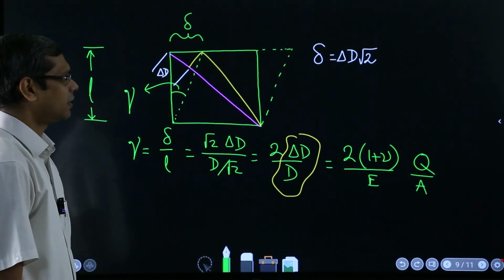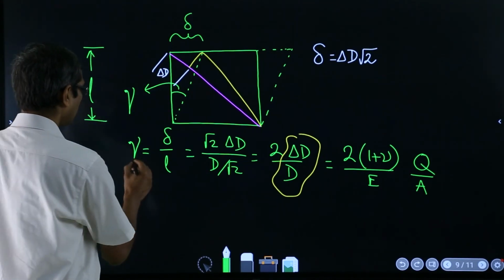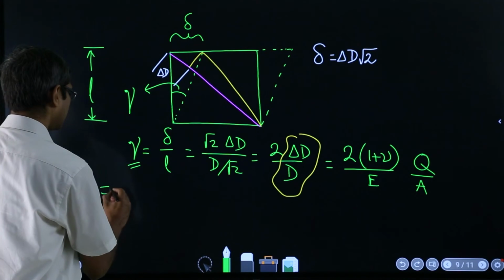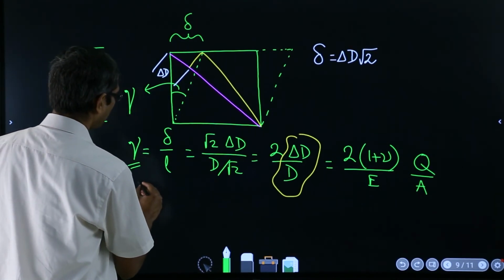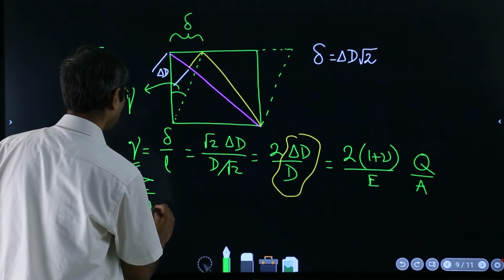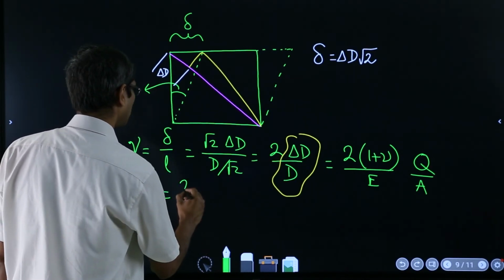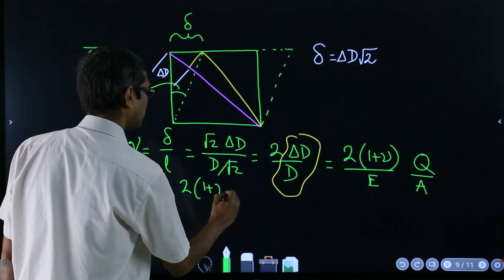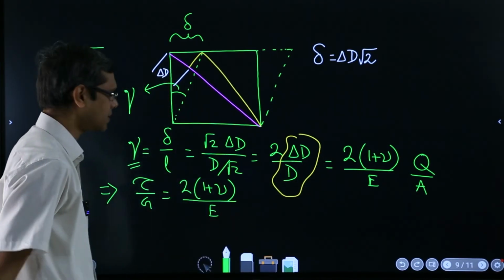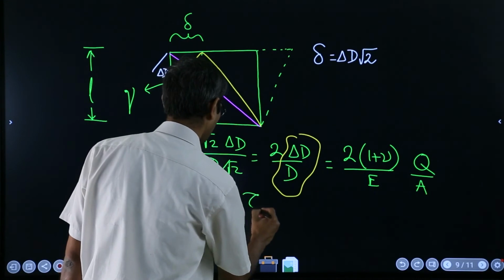Yeah, so then what is this? Gamma, which is nothing but, so I can just now write that my shear stress over G is equal to 2 times 1 plus nu over E times, that is nothing but my shear stress again.